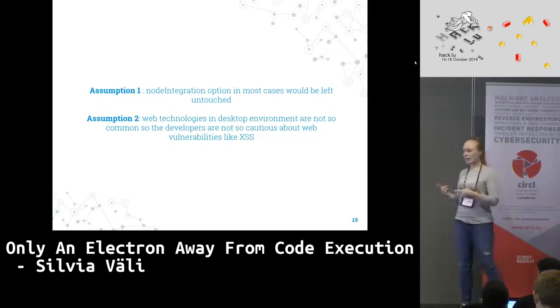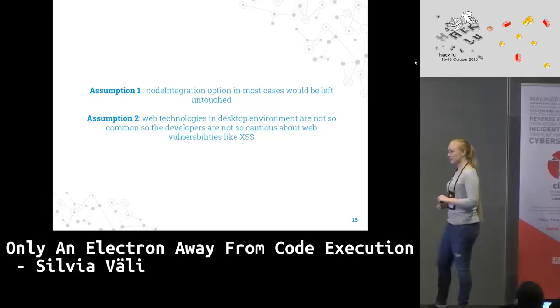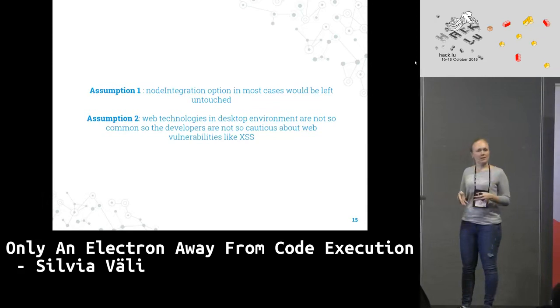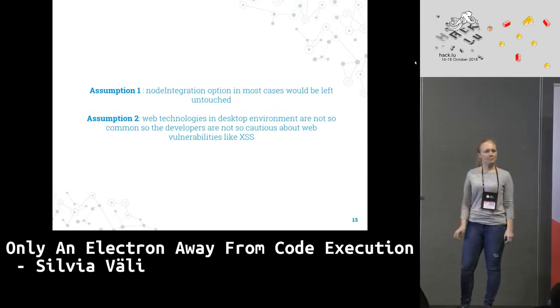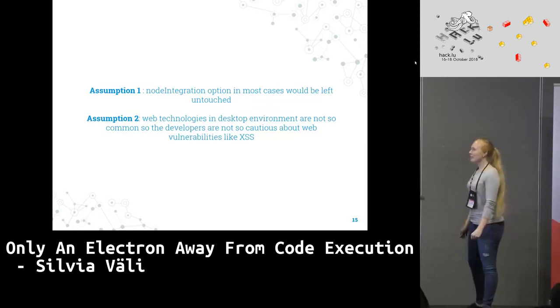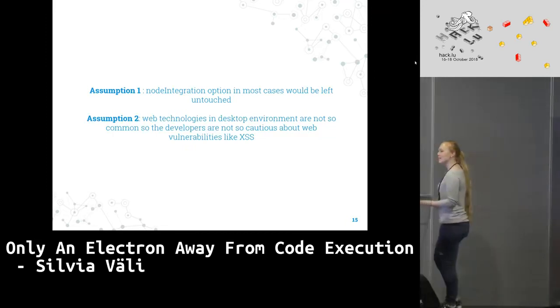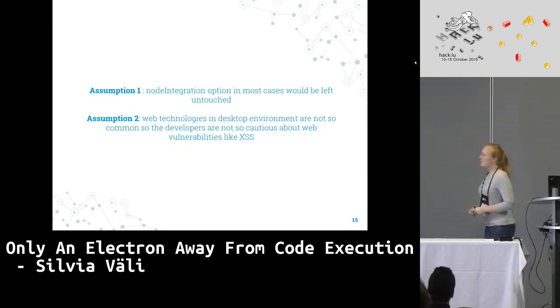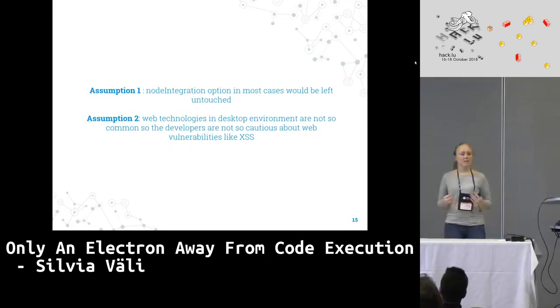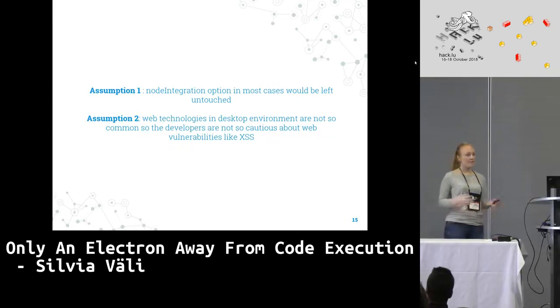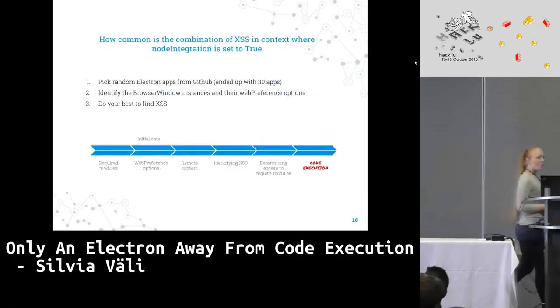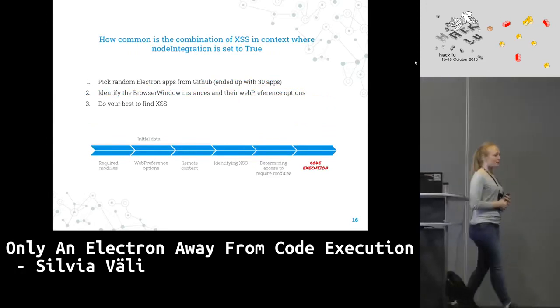And then now they come over to the desktop environment, and they're thinking, how on earth can web vulnerabilities actually occur on a desktop? So maybe they're a little bit at ease here, not going to pay attention to it. And I would say maybe the probability to have web vulnerabilities on the desktop because of this framework is now suddenly higher.